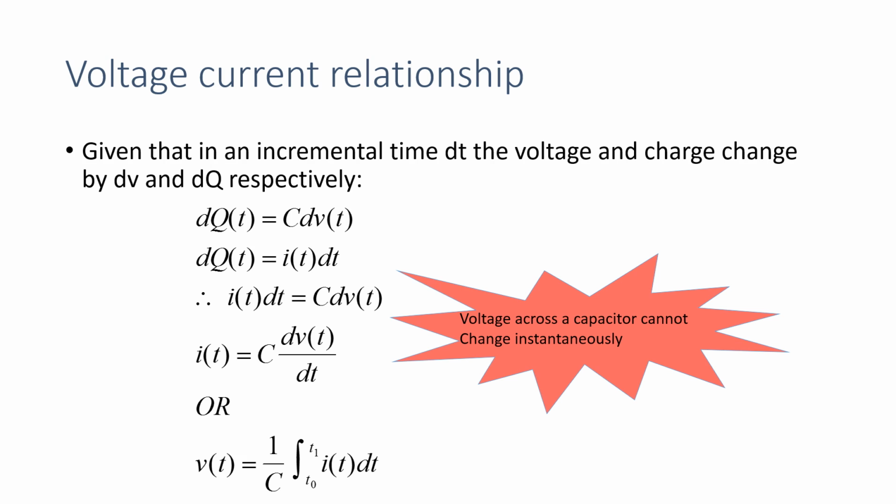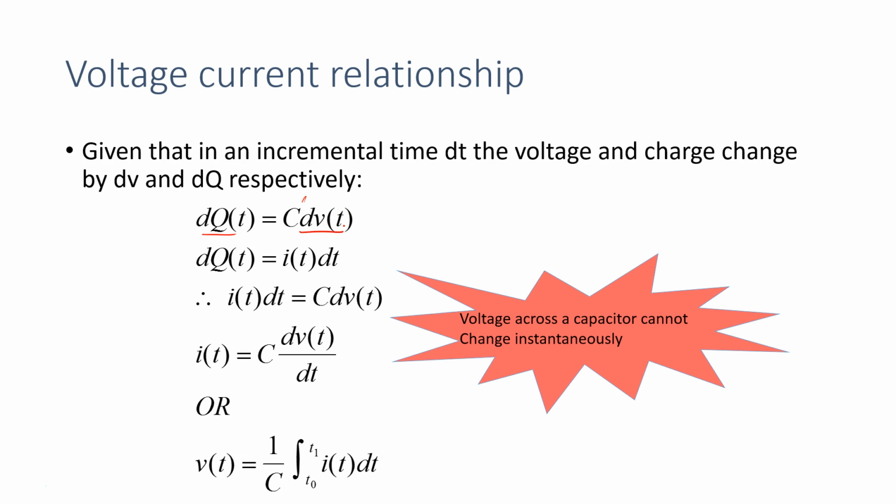If we consider an incremental change in voltage dV, it should cause some incremental change in charge dQ for some capacitance C. Now, I know Q is equal to CV.